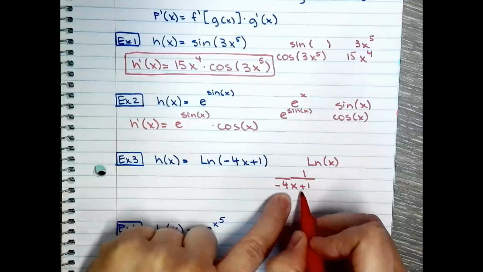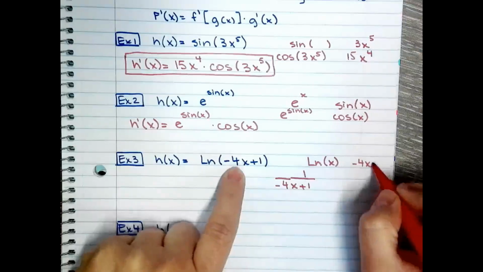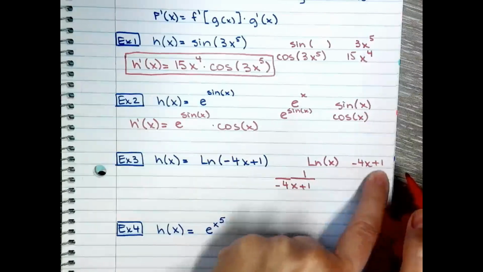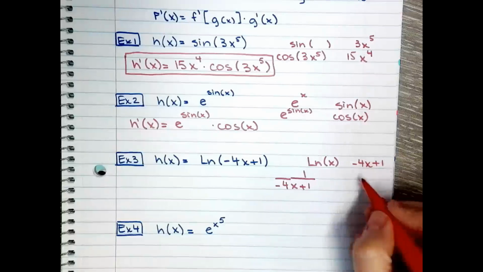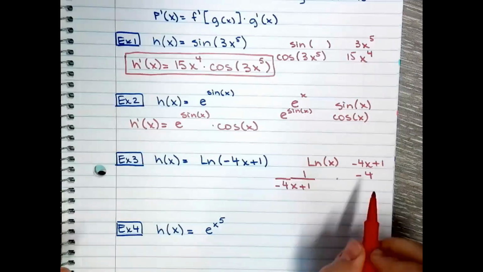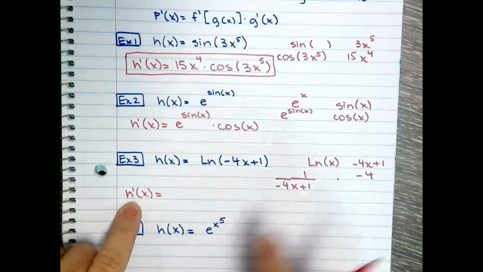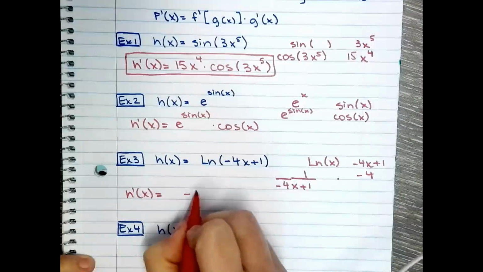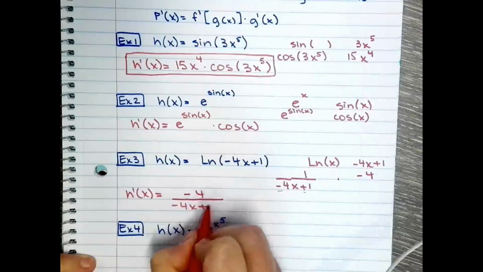It's negative 4x plus 1. And then you also have to find the derivative of the inner function, that is negative 4x plus 1. The derivative of a linear function is just the slope, so negative 4. Bring it all together, so you're going to have to multiply them. So the derivative will be negative 4 over negative 4x plus 1.